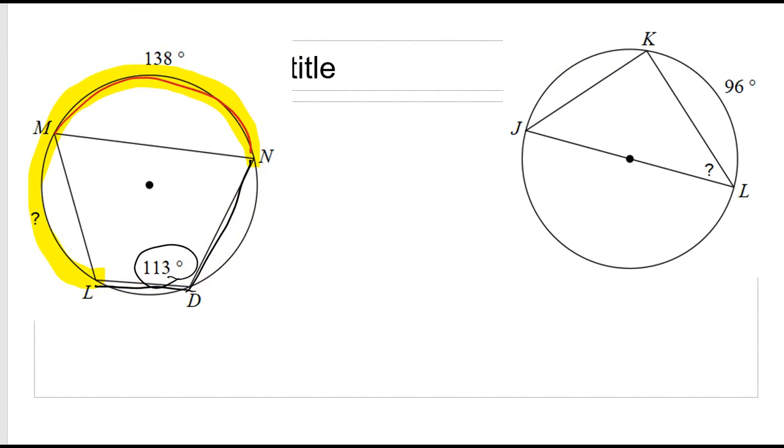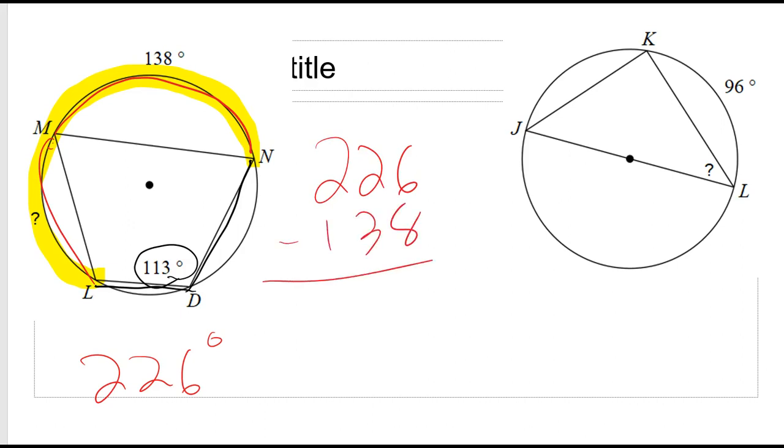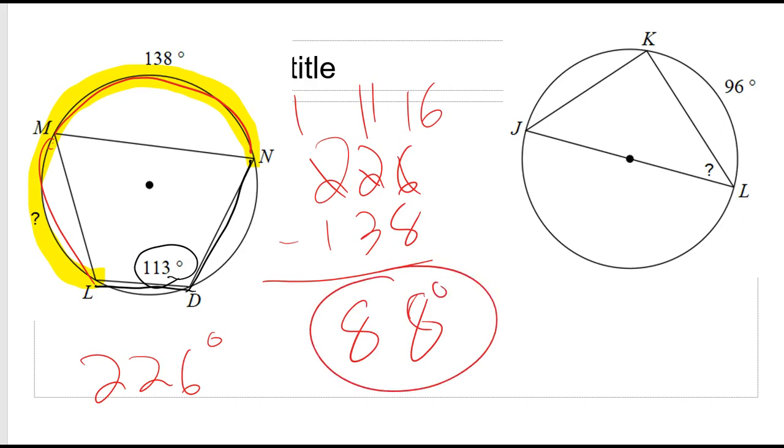Okay, first let's find the whole yellow arc. The whole yellow arc is 226. That's 113 times 2. If I know that part of this is 138, and I'm looking for this, all I should have to do is take 226 minus 138. That's my answer, 88. And that's the way we can do it.